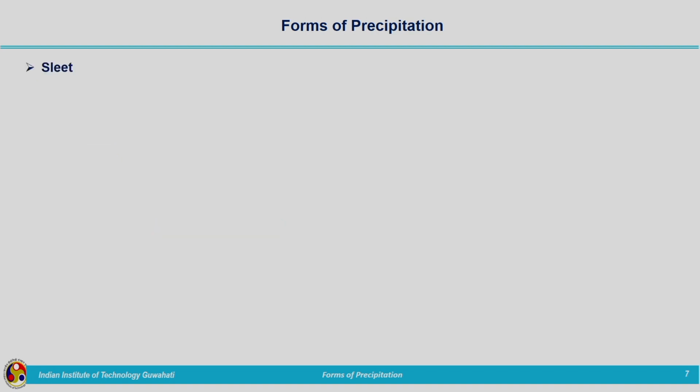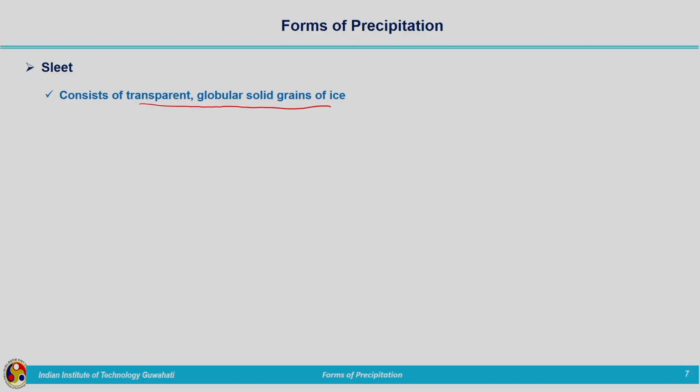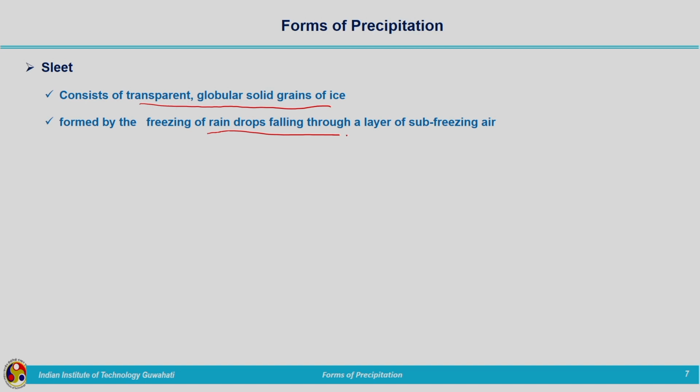And then coming to the next type of precipitation, termed sleet. Sleet consists of transparent globular solid grains of ice. So, again it is a kind of solid form of precipitation, globular solid grains. Transparent means that within the ice drops, air will be entrapped. It is formed by the freezing of raindrops falling through a layer of sub-freezing air.